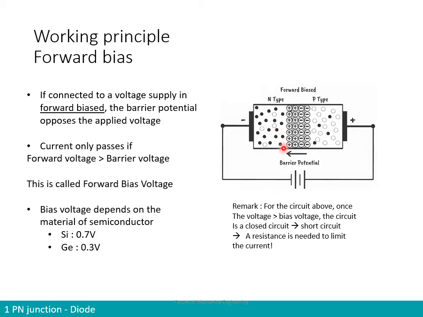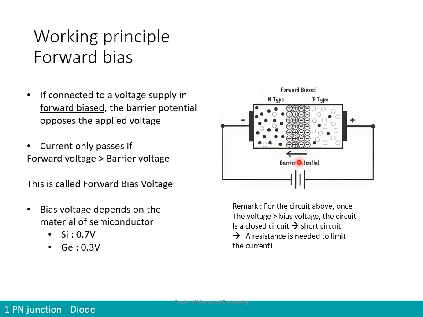This is what we call forward bias. In forward bias, what happens is the electrons from our power supply will circulate into the p-type junction, right? And will try to cross the PN junction. When they try to cross the PN junction, as previously mentioned, we have a barrier potential, right?